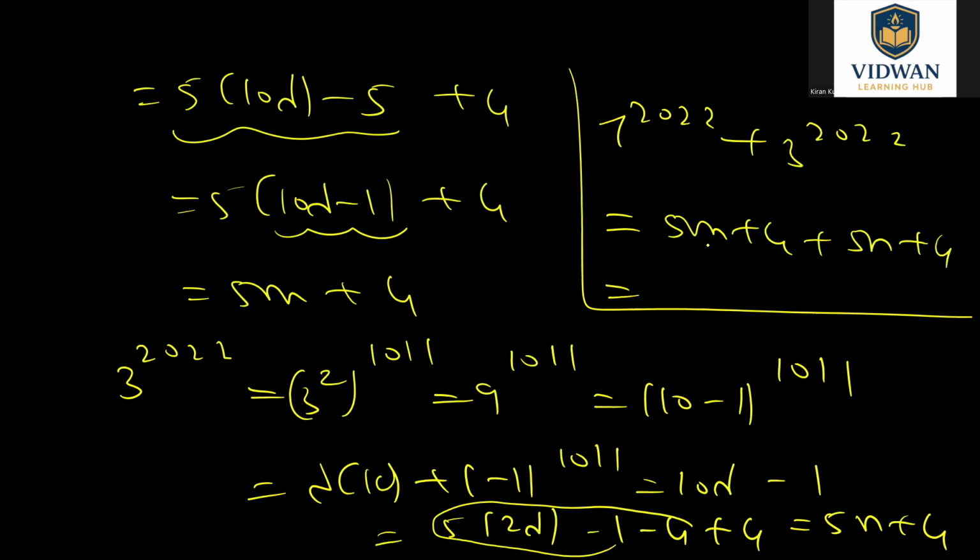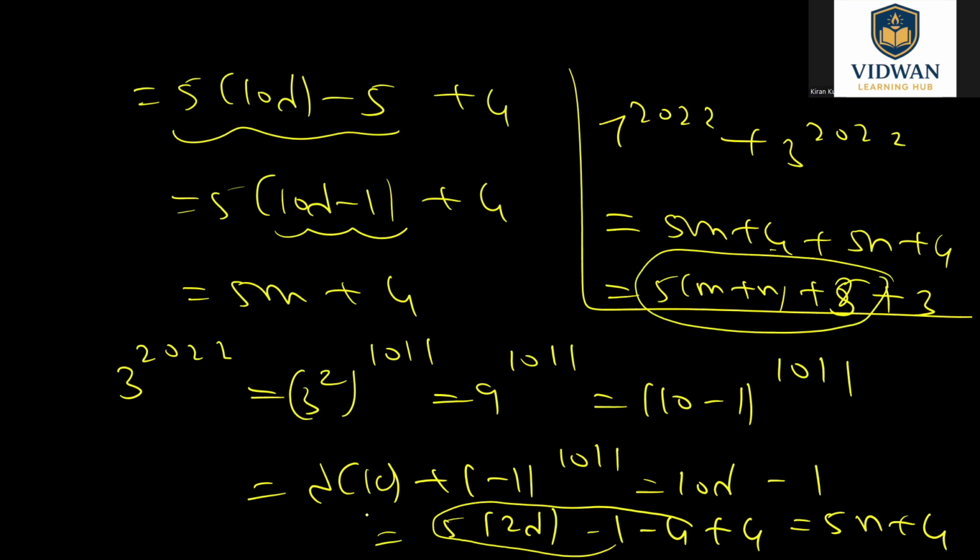So if you combine 5m and 5n, it is 5 into m plus n, plus 4 plus 4 is 8. Again, 8 also is 5 plus 3. So this whole thing is a multiple of 5 plus 3 as the remainder. So this can be clubbed with 5, so this is something like 5q plus 3. So 3 is your remainder.